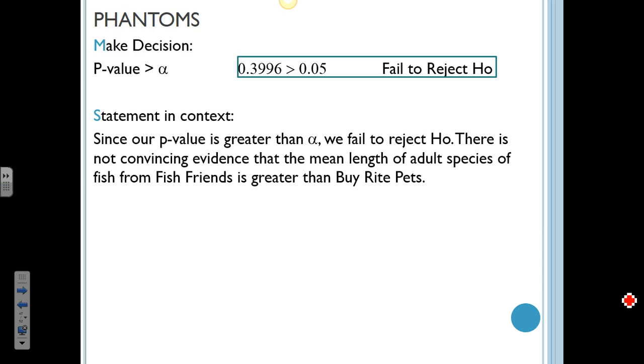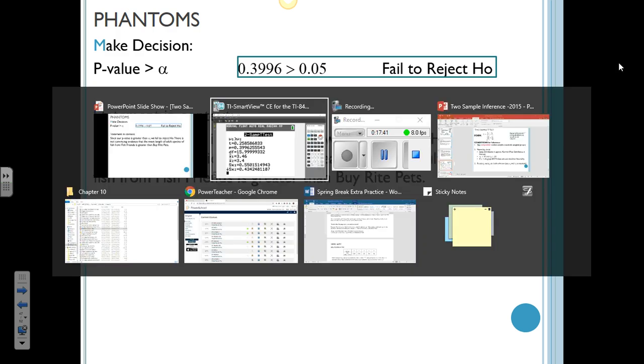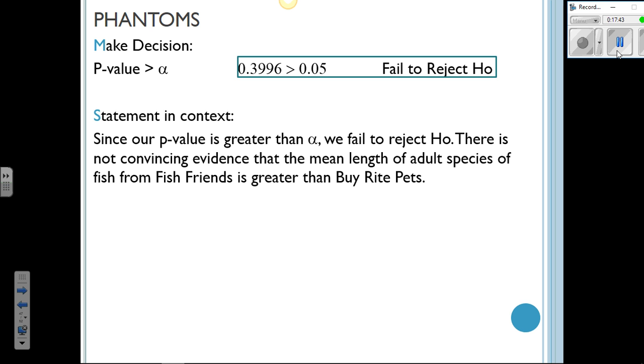Oh, sorry. All right. You guys have questions? You good? How similar is this to maybe a 2 proportion z-test or a 2 sample t-interval? There's a lot of similarities. It has its own differences, right?